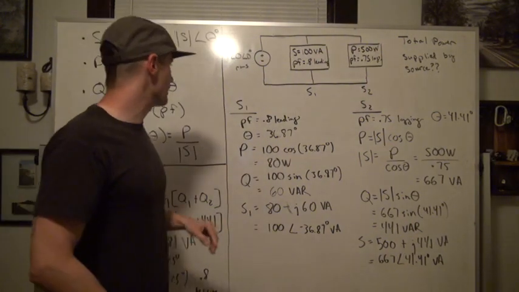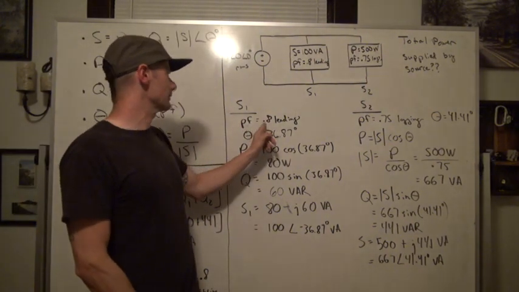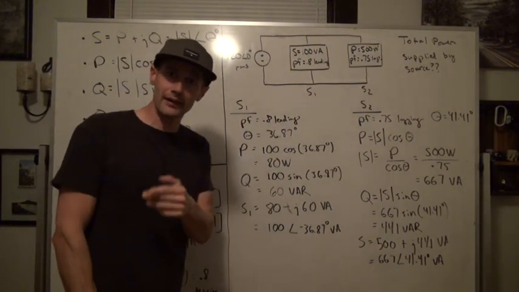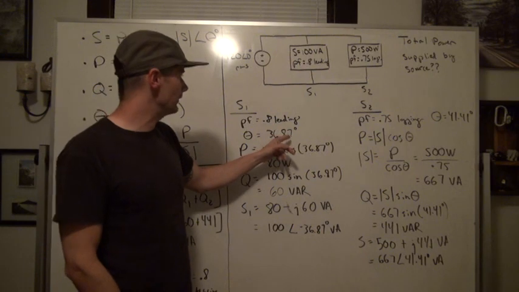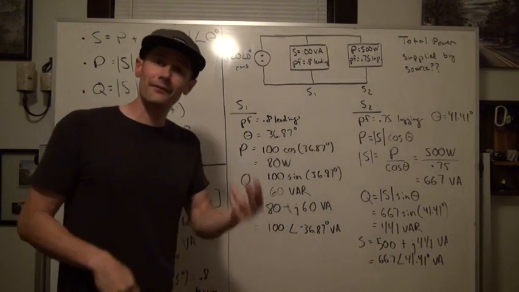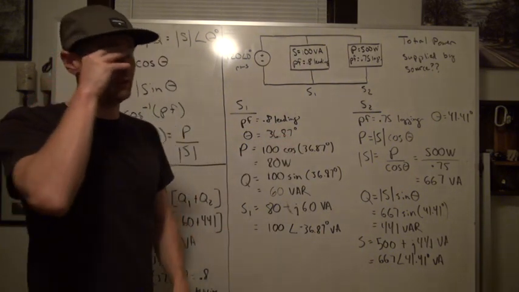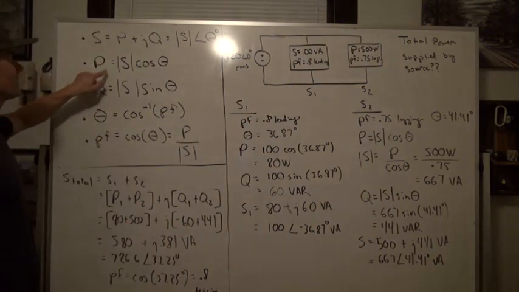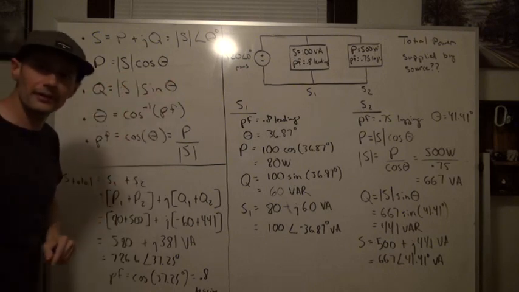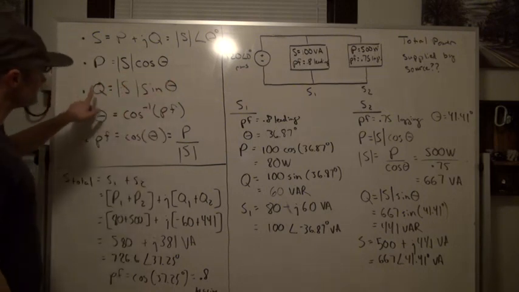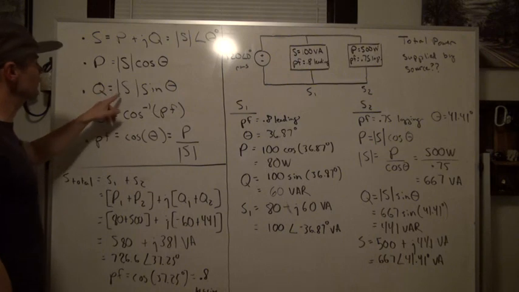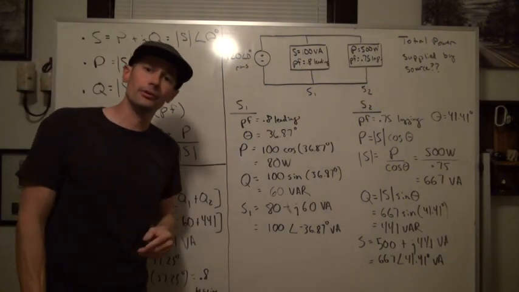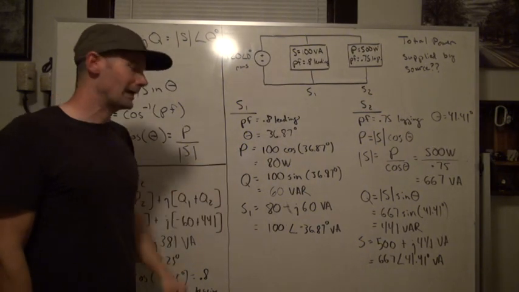First off, we know that the power factor is equal to 0.8 leading. So we can easily just take the inverse cosine of that and get 36.87 degrees. If we have that phase angle and the apparent power, then by the notion that P is equal to the apparent power multiplied by cosine theta, and that the reactive power is equal to the apparent power times sine theta, we can easily find the real and reactive power.